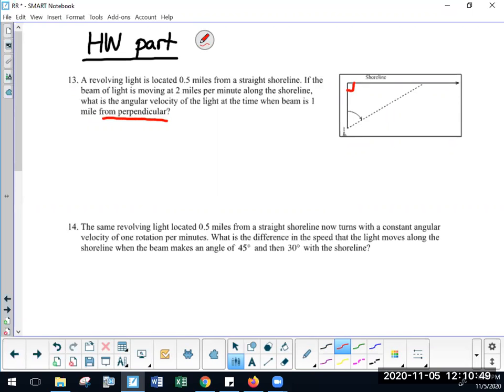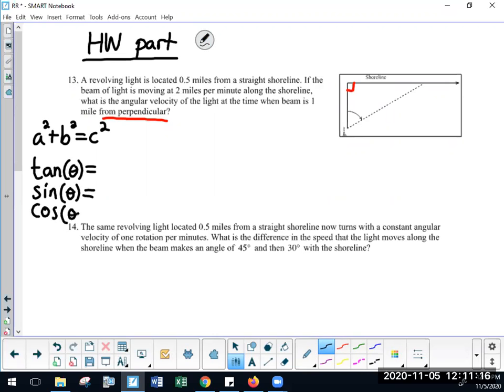Because I know that I've got a right triangle, I immediately start thinking about things like the Pythagorean theorem, any of the trig guys, sine, cosine, tangent. Those are what I start thinking about with this type of situation. So I arbitrarily decided to use A, B, and C.